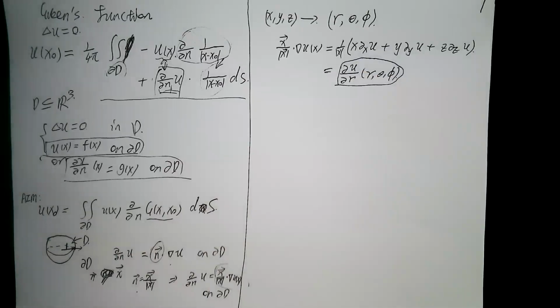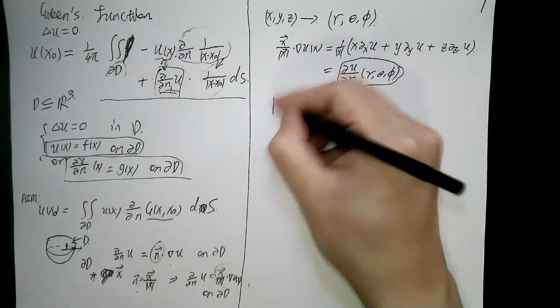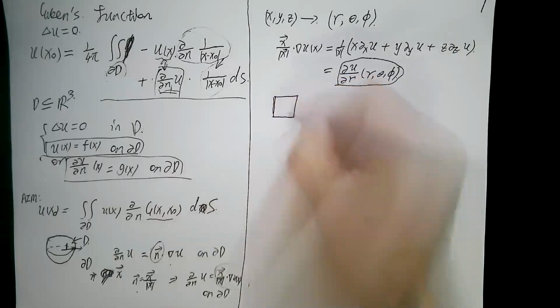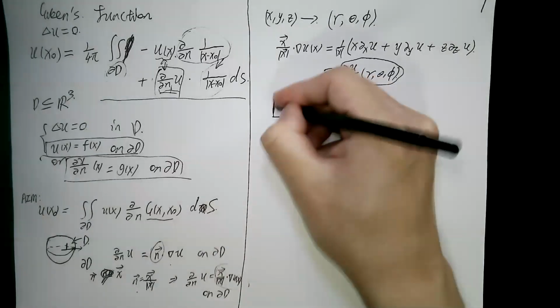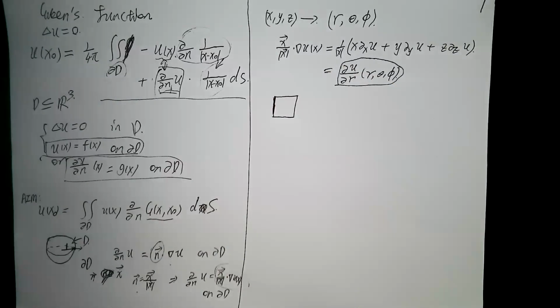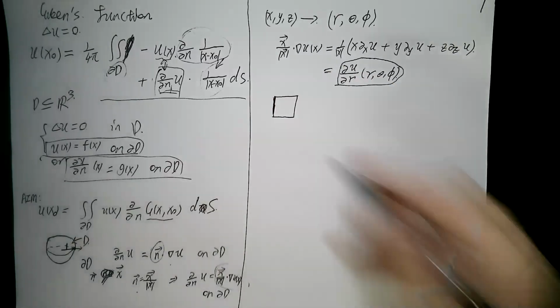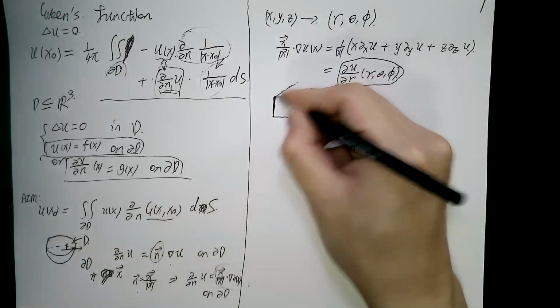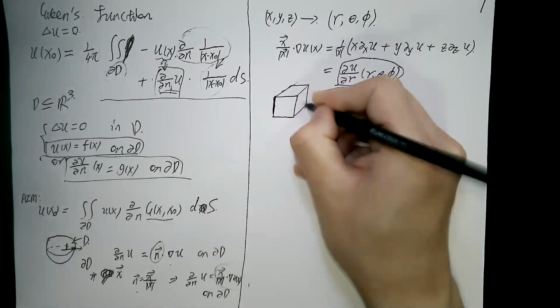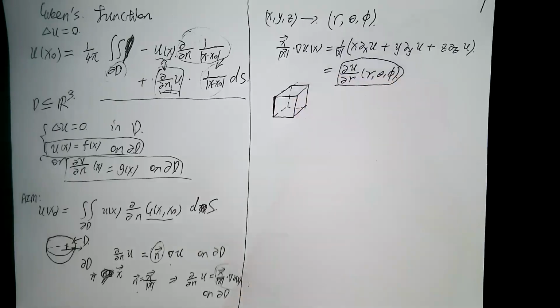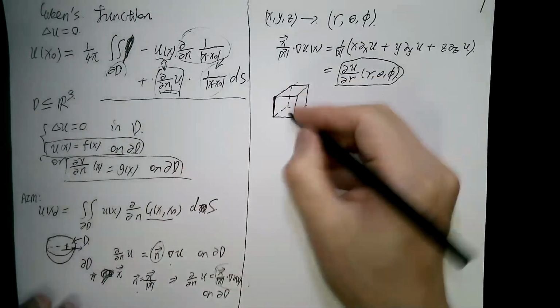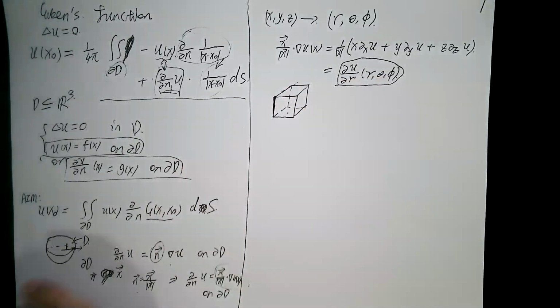So it depends. Maybe another example is if you have a square. Well, this is 2D. If you are in 3D, then you will want a cube. Then you will have a different partial n on different sides.